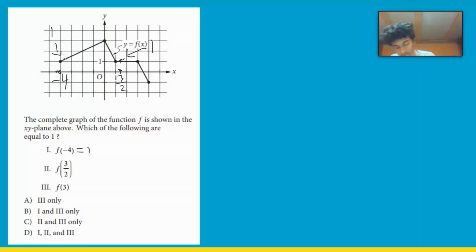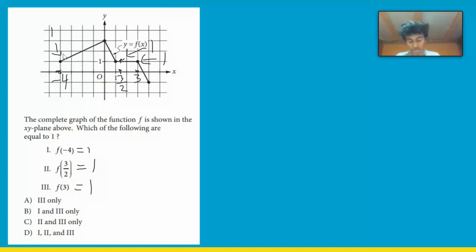That is also at y equals 1. Lastly, let's look at f of 3. f of 3 is right here, right? And when we have an input of 3, we have an output of this point right here, which has a y-coordinate of 1 as well.